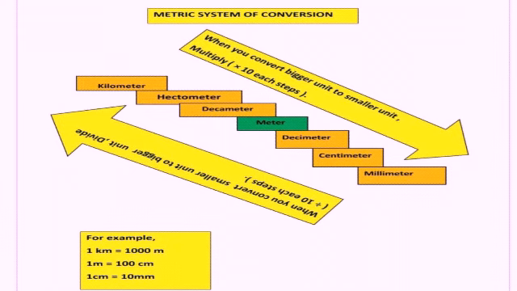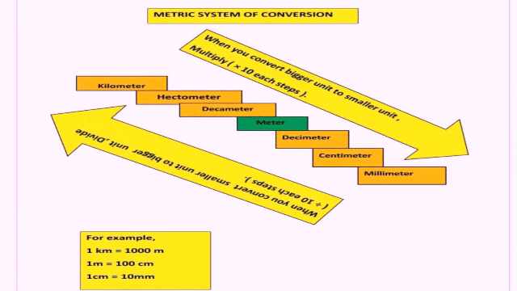See here, how many steps are there in a staircase? 1, 2, 3, 4, 5, 6, 7. 7 steps are there. See, in the green step, I have written meter, because meter is the standard unit of length.